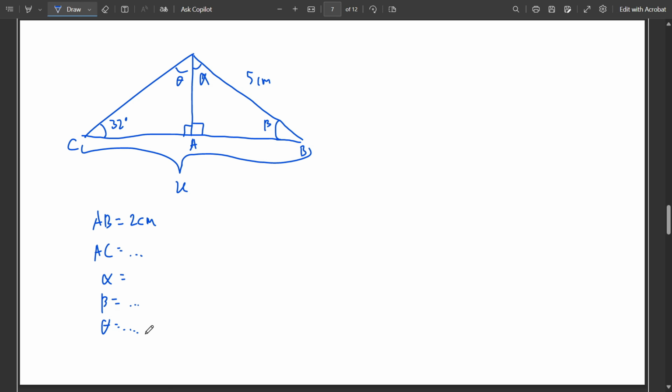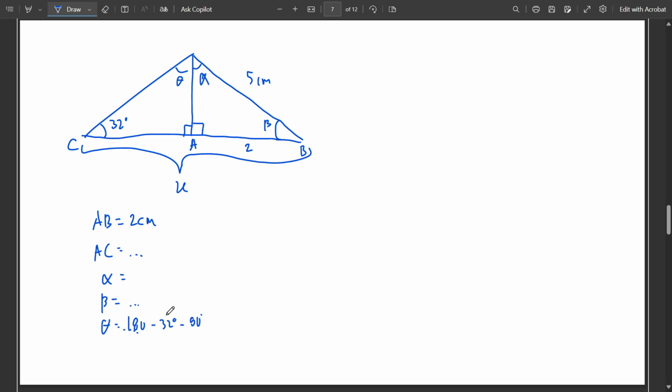Well, we can find our angle theta easily. Our angle theta is just 180 minus 32 degrees minus 90 degrees.